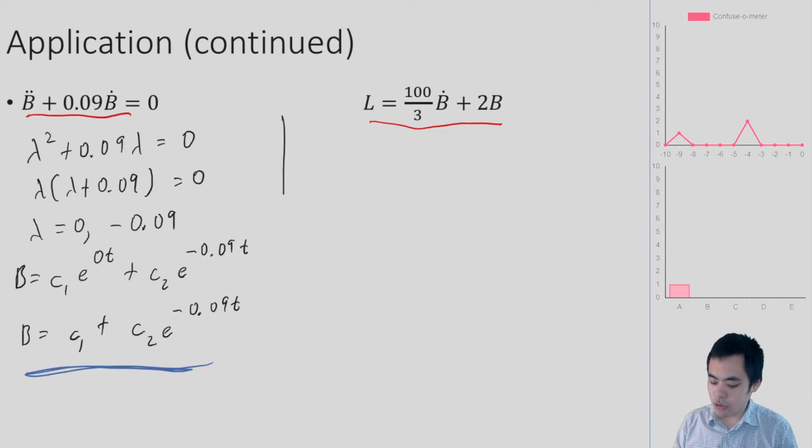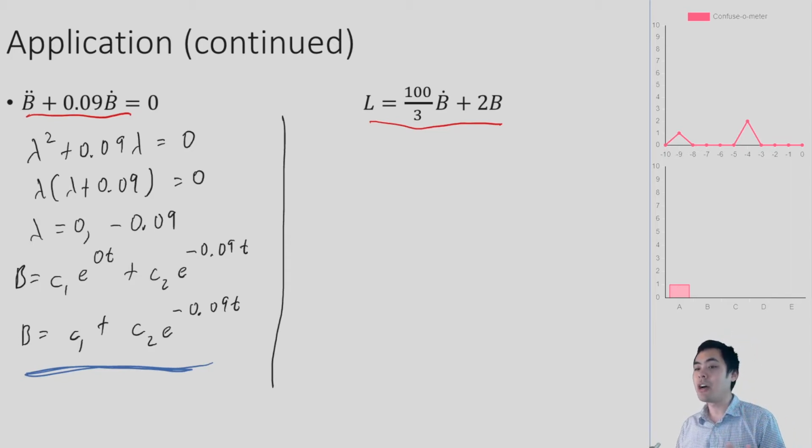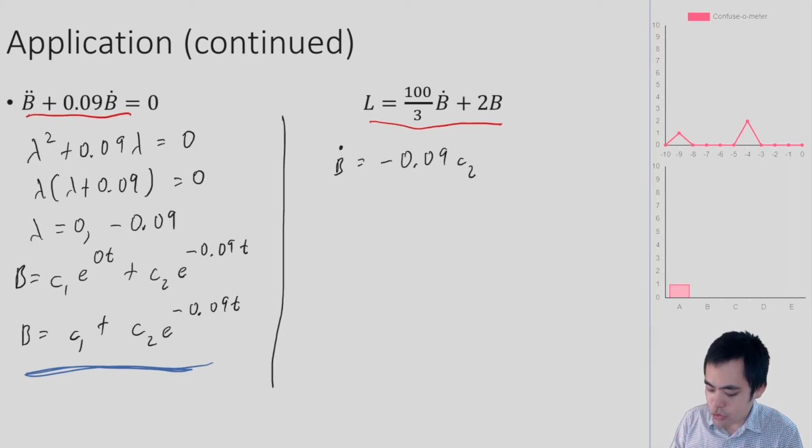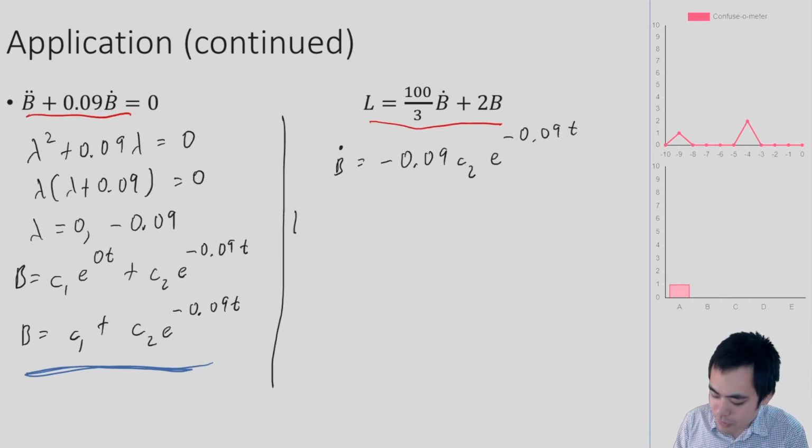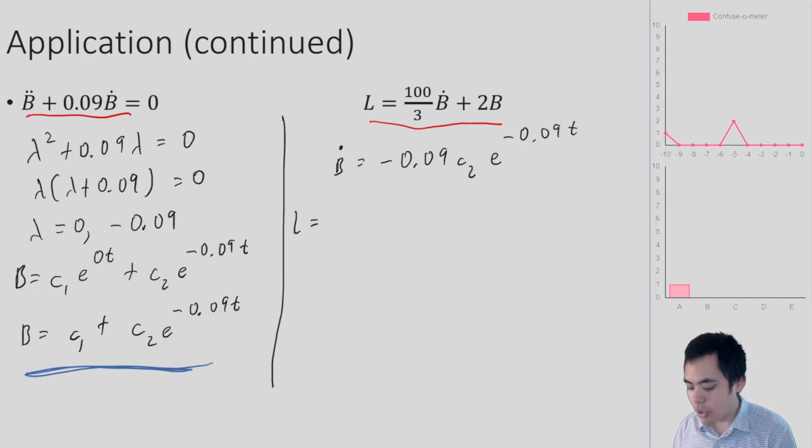The next thing we need to do is plug in, because we have an equation for L in terms of b dot and b, so we can also solve for L. Note that b dot is equal to minus 0.09 c2 e to the minus 0.09 t. Let's just take the derivative of the blue underlined equation. Therefore, L is equal to 100 divided by 3 times b dot. Well, 100 times 0.09 is 9, divided by 3, that's 3.